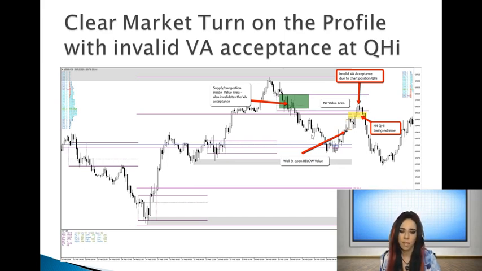So what I've done there, I've managed to time the market turn through the use of the profile to get a very small stop that enables me an optimal trade location for the swing trade after I saw the initial reaction. And there's no need to use massive stops that are usually required to trade from 4-hour and daily charts, never mind weekly charts.